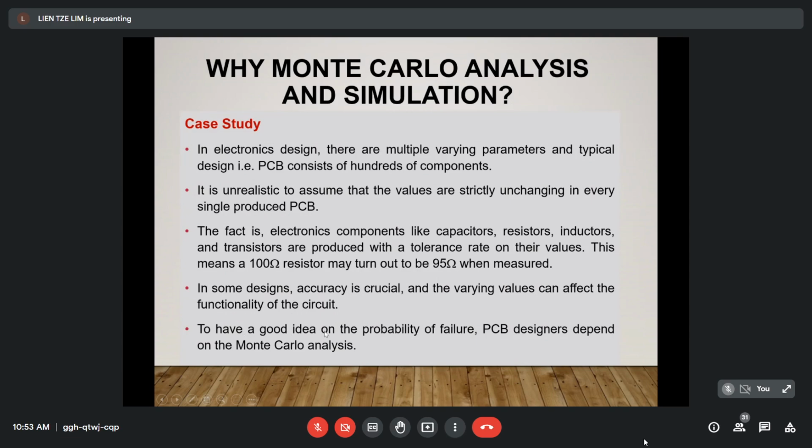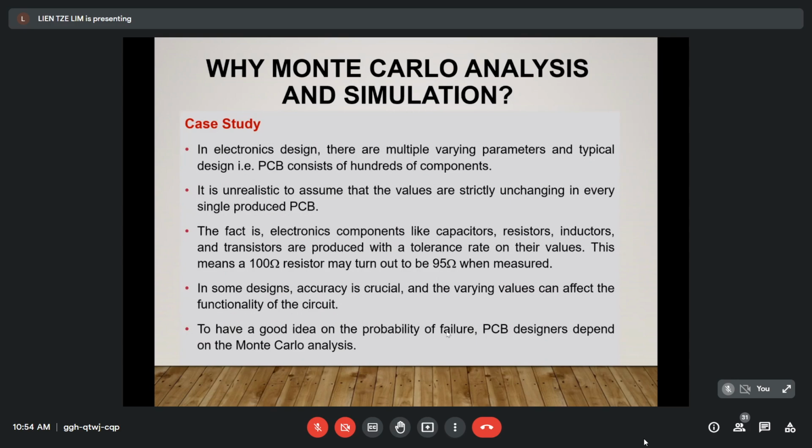To have a good idea of the probability of failure, PCB designers depend on Monte Carlo analysis. According to this case analysis, it gives a case study about the failure of the PCB. The failure of the PCB means the failure of the electronic components in the PCB.